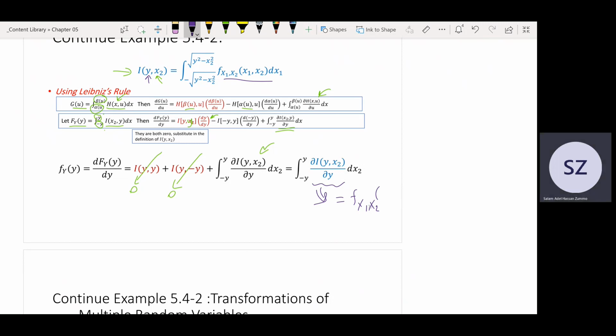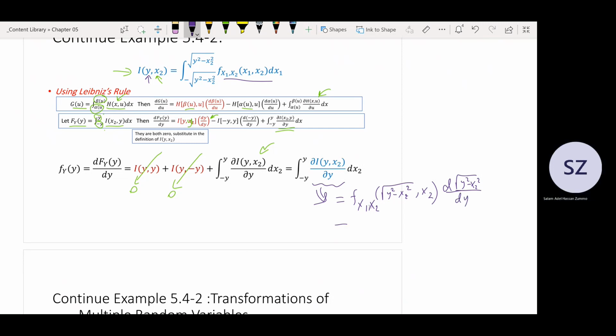The first limit. What is the first limit? Square root of y squared minus x2 squared, and x2, multiplied by the derivative of the square root of y squared minus x2 squared with respect to y, right?